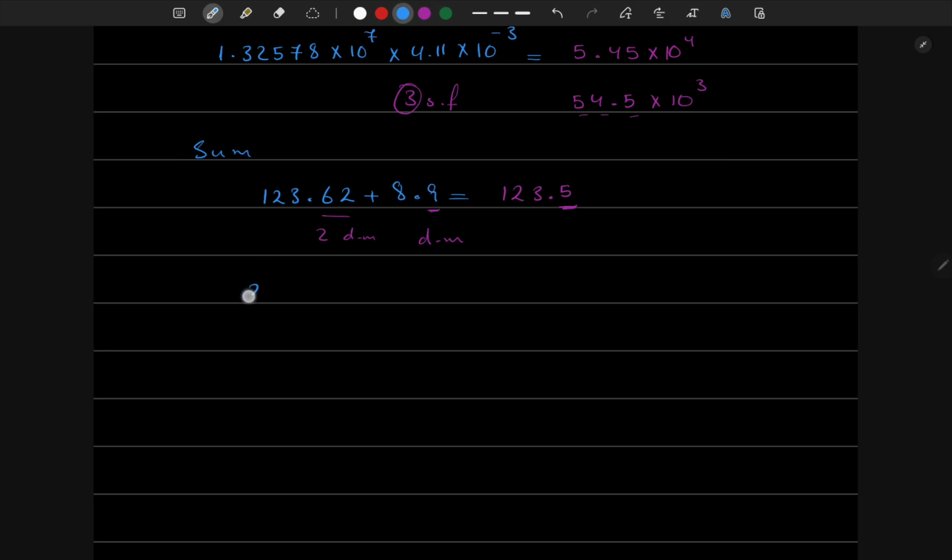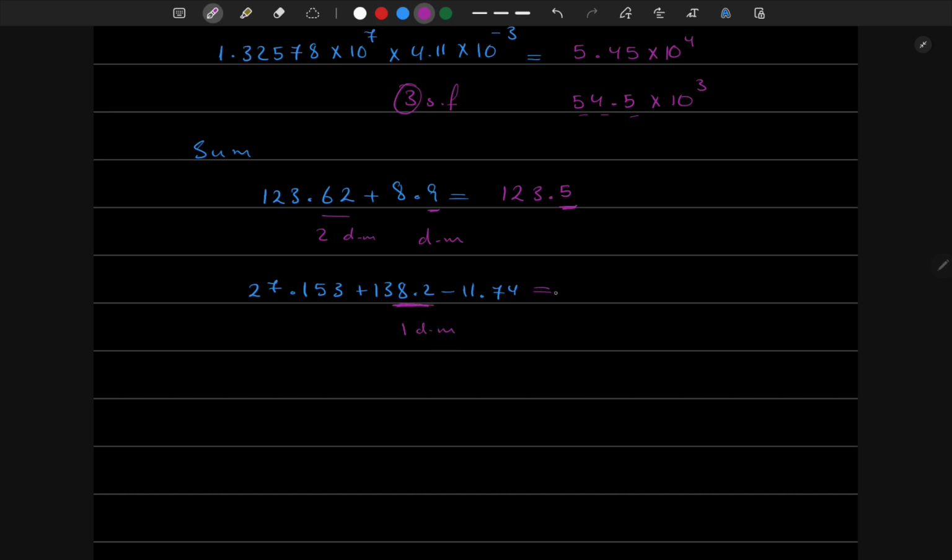Another example, I have 27.153 plus 138.2 minus 11.74. Again, the least number of decimal places is here, which is only 1 decimal place.